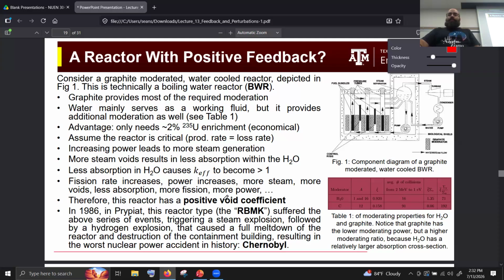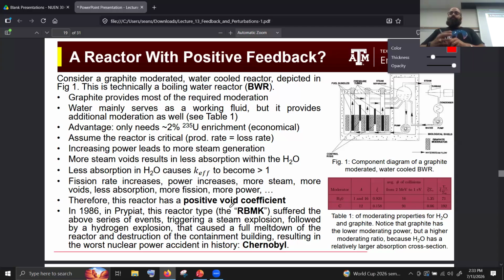That steam explosion ended up causing a hydrogen explosion, probably because of the cladding: the hydrogen and zirconium separating from each other, and you basically got pure hydrogen, which interacted with the air that was brought into the system because of the steam explosion. So then you got a hydrogen explosion as well, and there was a full meltdown. The worst nuclear accident that's ever happened, and that was what happened to the Chernobyl reactor.